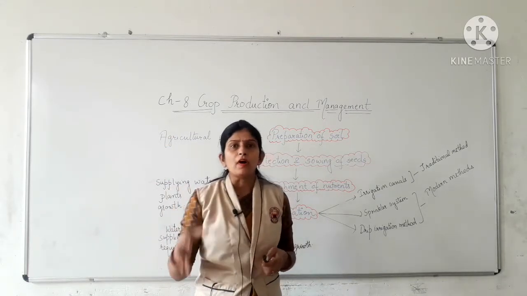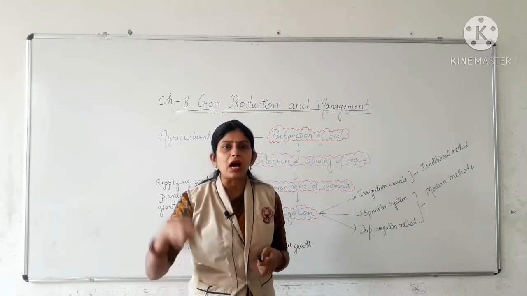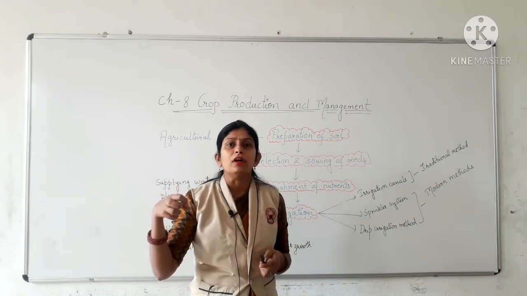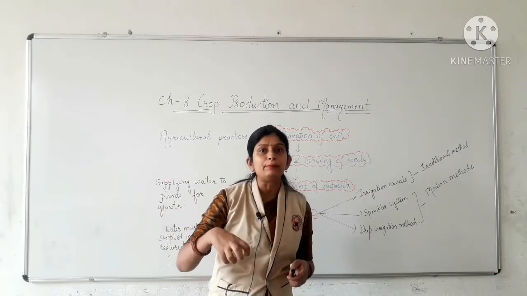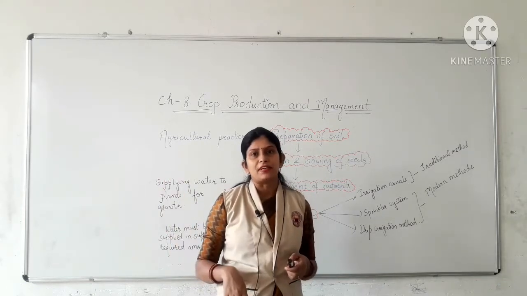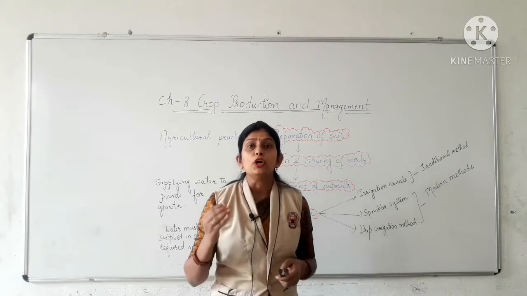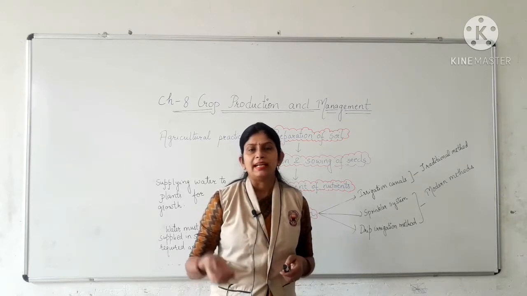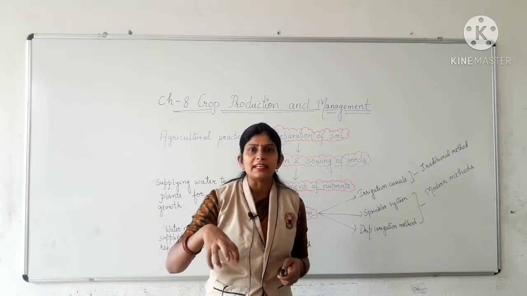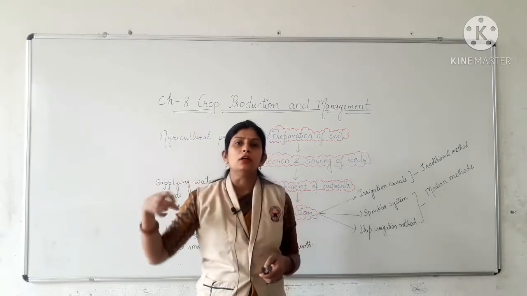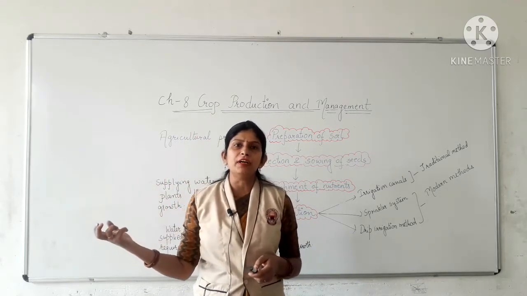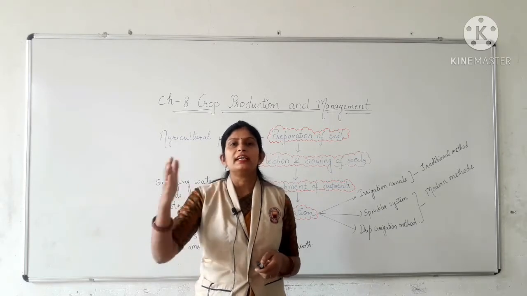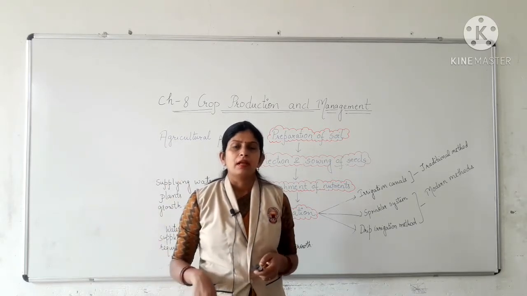Water can also be drawn out from beneath the earth surface, known as tube wells. And then that tube well water is delivered to the different parts of the field through irrigation canals.